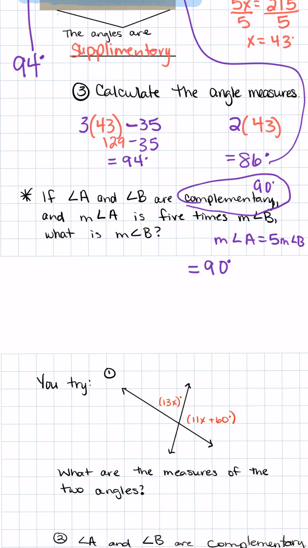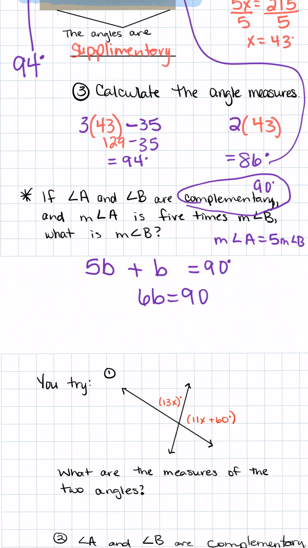So let's call angle B just B. So we have 5 times B plus the measurement of B equals 90 degrees. So we want to simplify. We can do 5B plus B, which equals 6B, and that equals 90 degrees.